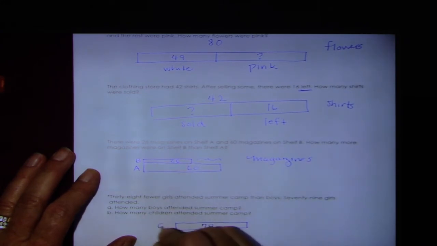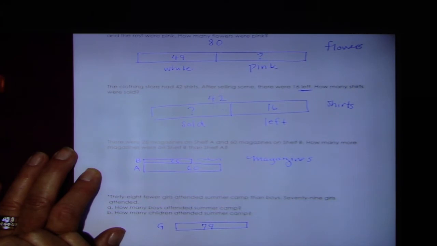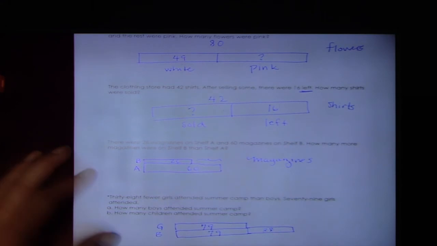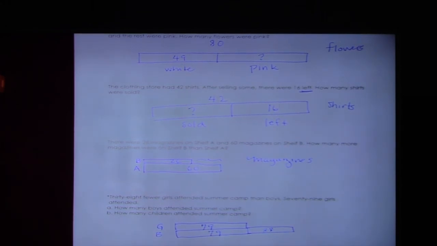There were 79 girls. There were 38 fewer girls. So that means my boys has to be 38 bigger. Do I now have a representation of the girls and the boys?